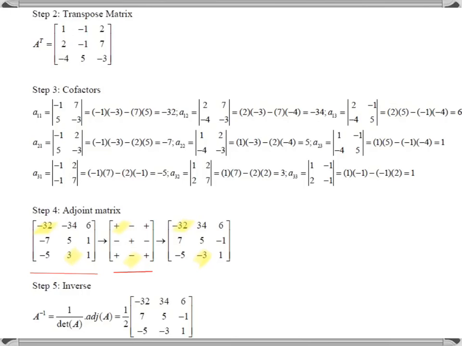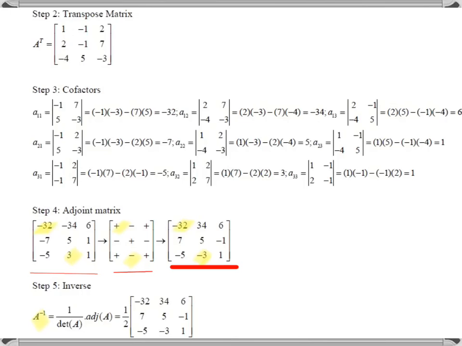And you end up finally with this thing that's called the adjoint matrix. So this is the adjoint matrix of the original. It's called the adjoint matrix of A. And the very last step, step 5, is, don't forget, our overall goal here is to get the inverse of the original matrix A. Now, to get the inverse, which is denoted as A minus 1, the inverse of A is 1 over the determinant.